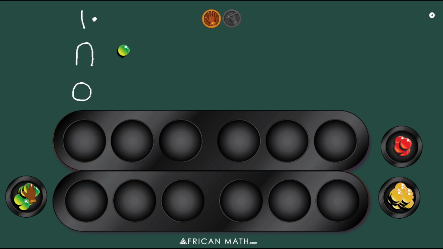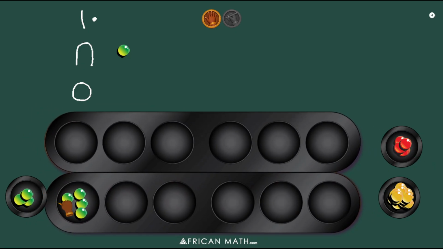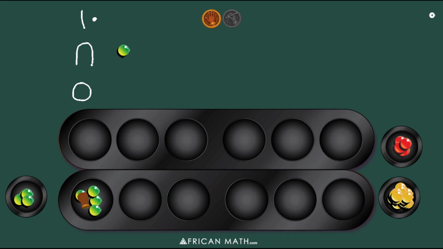Counting on from 10, we're going to count 10, 20, 30, 40, 50. Now we're going to clear fractions of 50 and carry up a group of 50, counting on from 50, 60, 70, 80, 90.